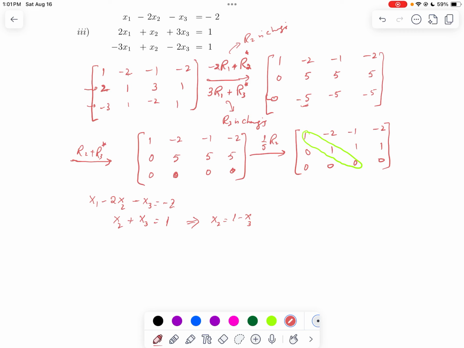And from the first row, x1 will be equal to 2x2 plus x3 minus 2. Now I will replace the x2 by this quantity, 2 times (1 minus x3) plus x3 minus 2. To simplify, we get 2 minus 2x3 plus x3 minus 2, and that gives me minus x3.